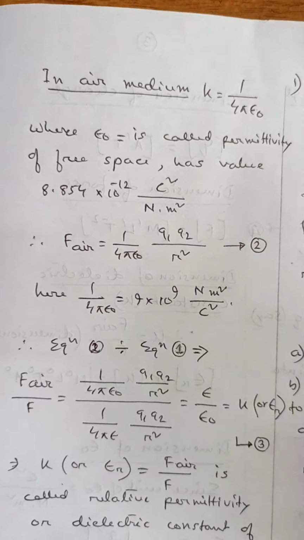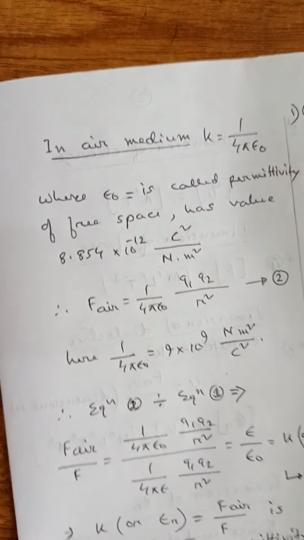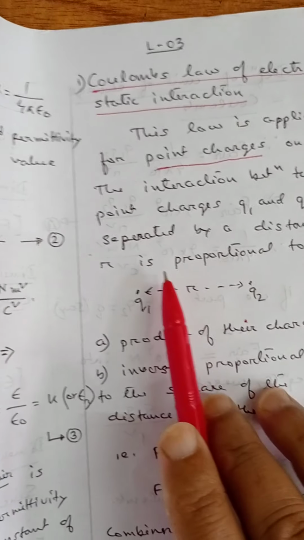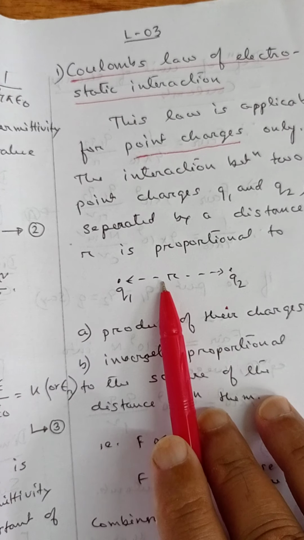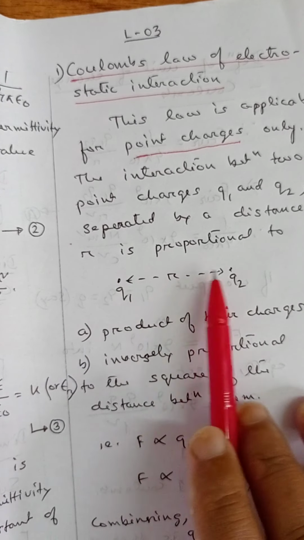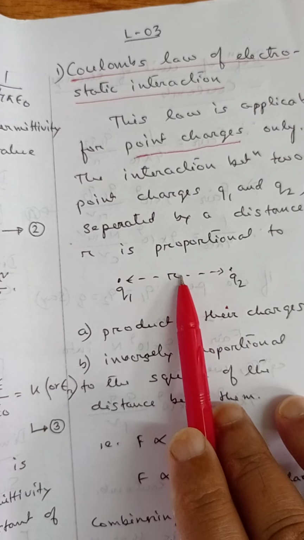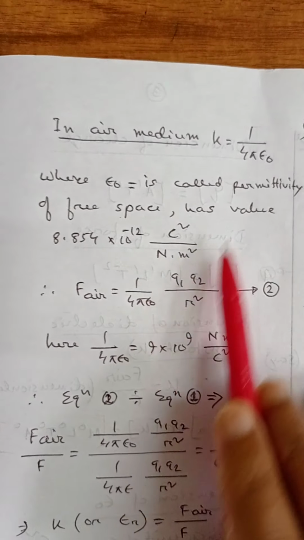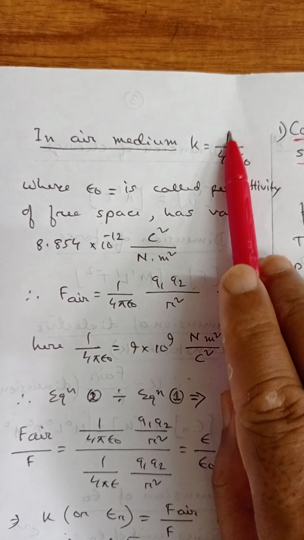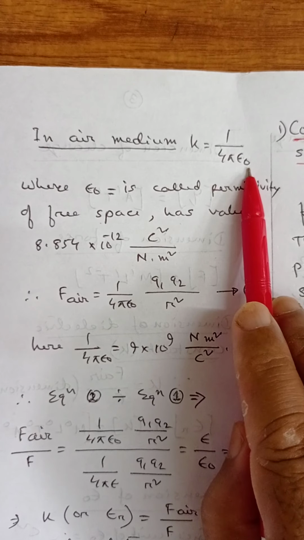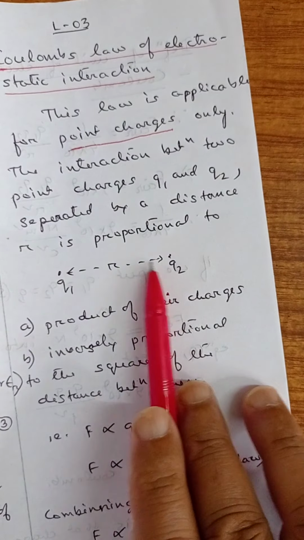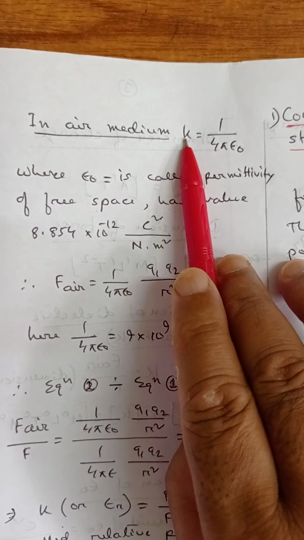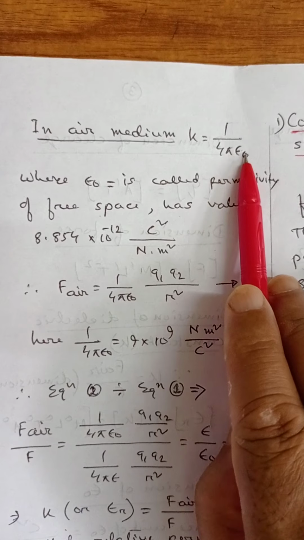Now, if the medium between the point charges is air or vacuum, then the proportionality constant has the value 1 by 4 pi epsilon 0.